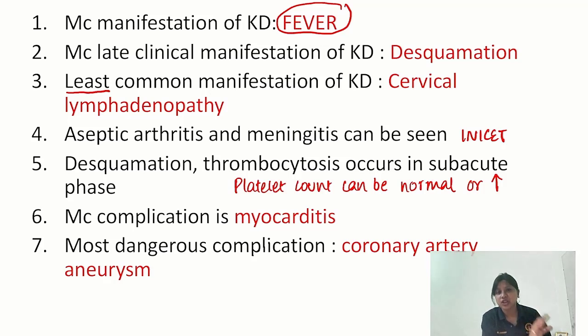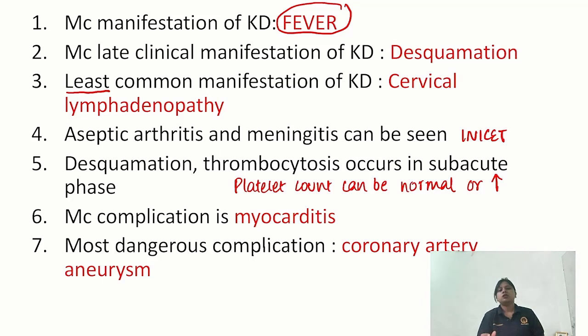Now, if in a child you are expecting the ESR to be high, the CRP to be high, and the platelet to be high, but instead you are getting a low ESR, low platelet, with cytopenias, are you making a wrong diagnosis? Possibly. Or you might be dealing with two other conditions. One is macrophage activation syndrome, HLH, or you might be dealing with MIS-C with KD phenotype.